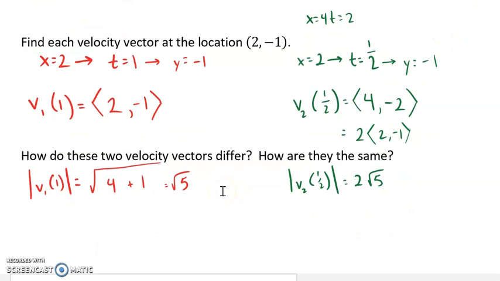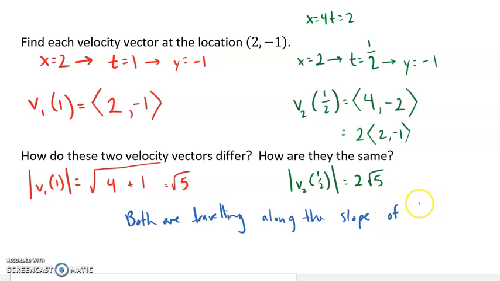You'll notice that both are traveling along the same direction. Along the same, I'll call it a slope of rise of negative 1 and run of 2, because negative 2 divided by 4 is the same thing as negative 1 divided by 2.